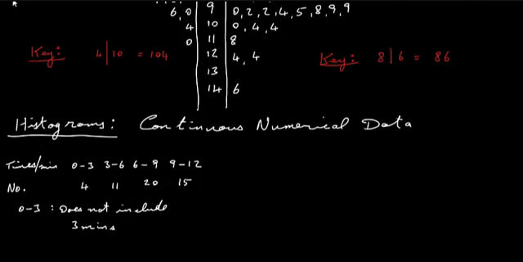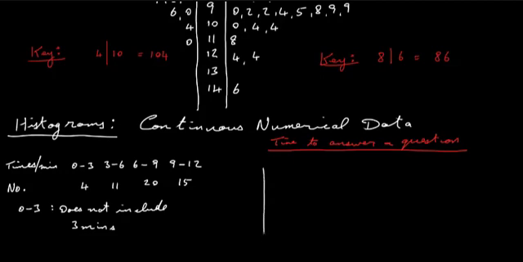So to draw this particular histogram, again, you would put in a title. So something like, I don't know, time to answer a question in an exam, something like that. You would again draw your X and Y axis.